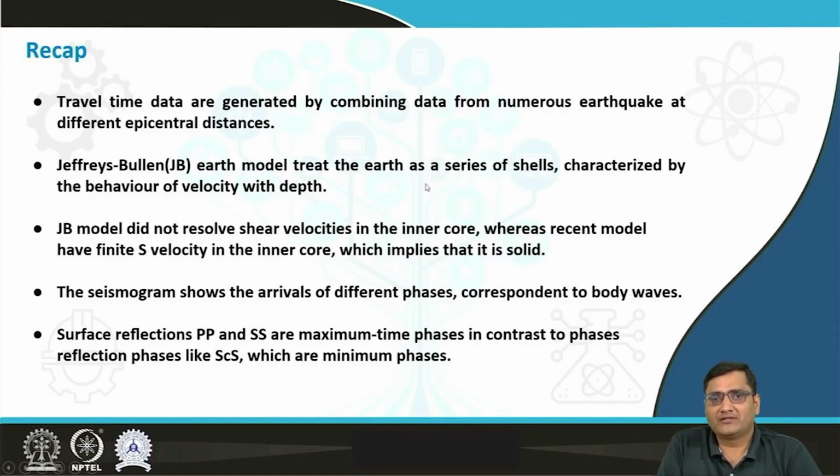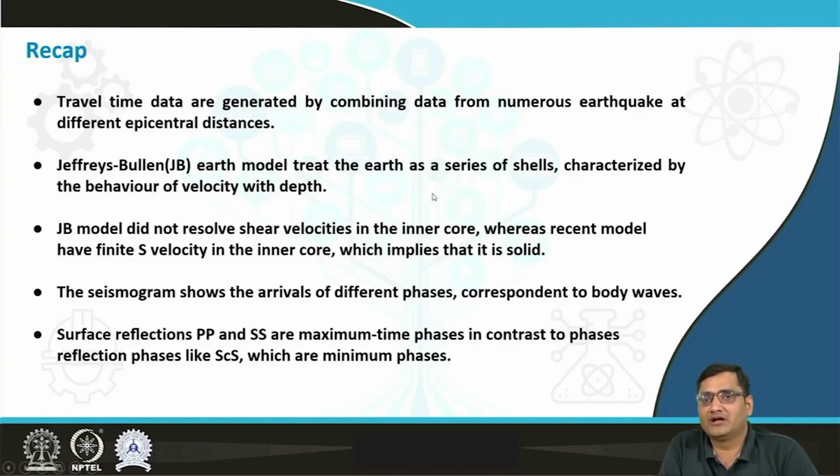Some of the drawbacks the JB earth model had was that it could not resolve the velocities in the inner core, whereas recent models with higher resolution have a finite S velocity in the inner core, which implies that it is solid. The seismogram shows the arrivals of different phases corresponding to body wave phases.